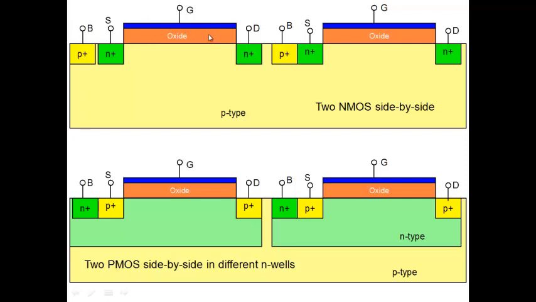Will the two NMOSes interfere with each other, or are they isolated? How will they interfere? Body is the same, fine, that we have seen. Aside from that, will current flowing between source and drain here, or the voltage applied here, have an impact on this side?